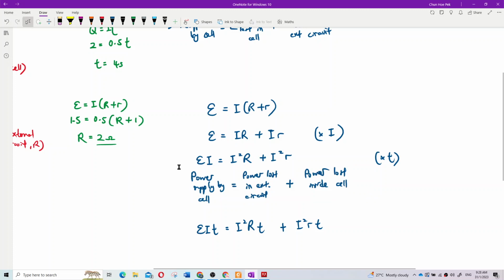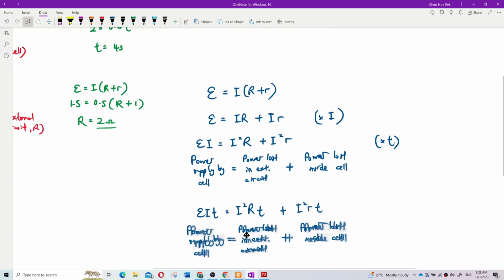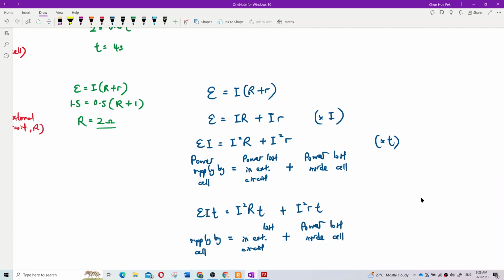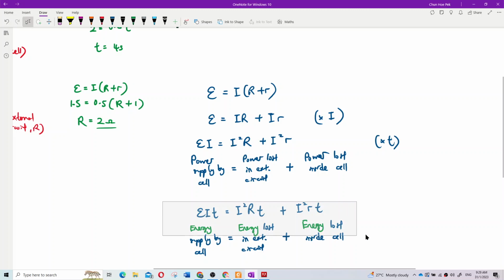So you multiply time, you get energy. That means all of these are energy: energy supplied by the cell, energy loss outside, energy loss inside.